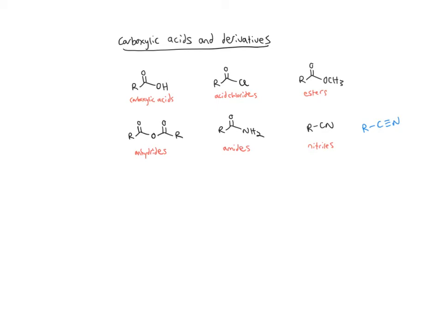That makes them a carboxylic acid derivative. If we're applying that same definition to this compound, we do also have three pi bonds to a heteroatom. They're just all to the same one. And so these nitriles can actually undergo similar reactivity as our carboxylic acid derivatives as well, because it is also a carboxylic acid derivative. So those are the types of molecules we're going to be dealing with in this chapter.